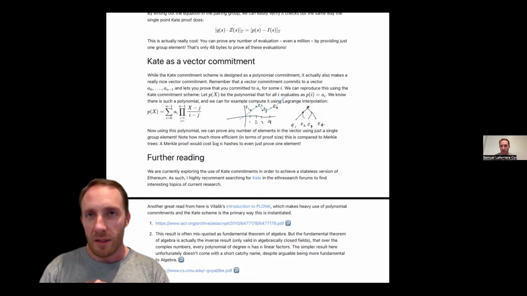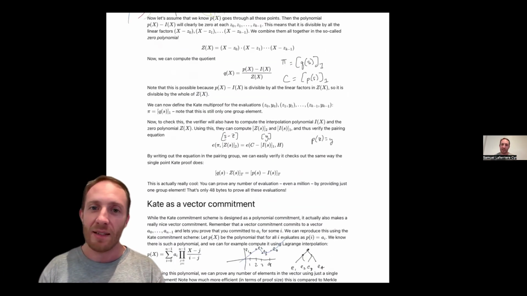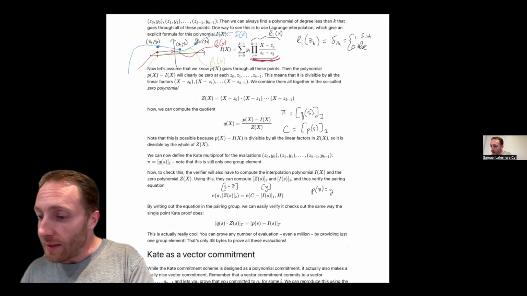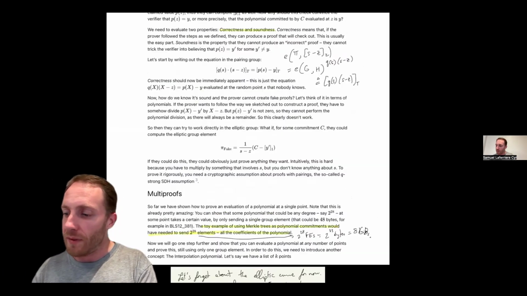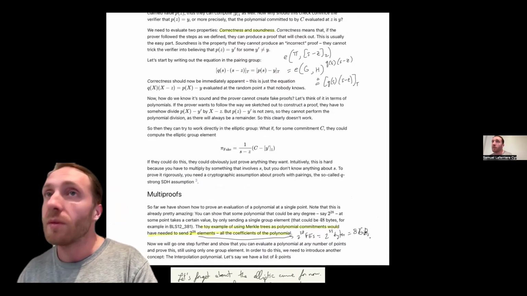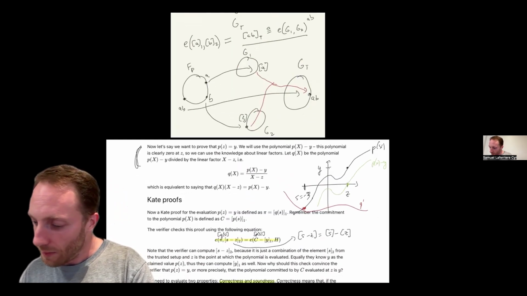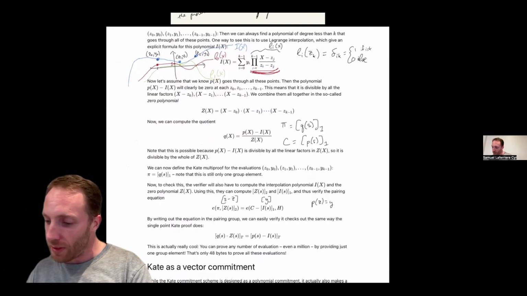Awesome. Okay, so this is the paper. I hope some of it made sense. What I plan to do in the next video is to go over another paper of Dankrad. Okay, so where is this Kate proof, sorry. So the multi-proofs are here.